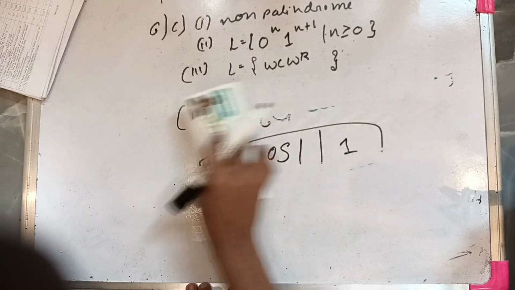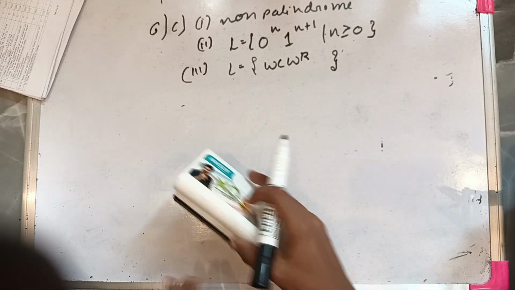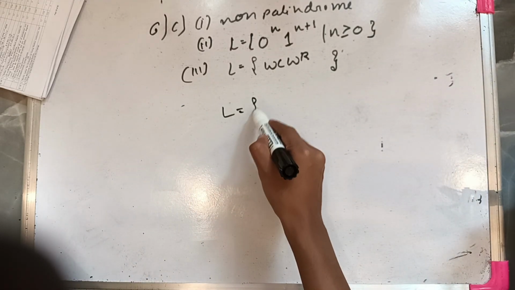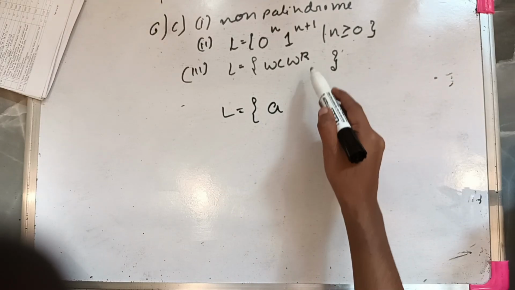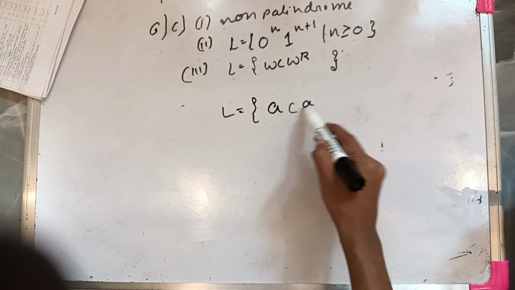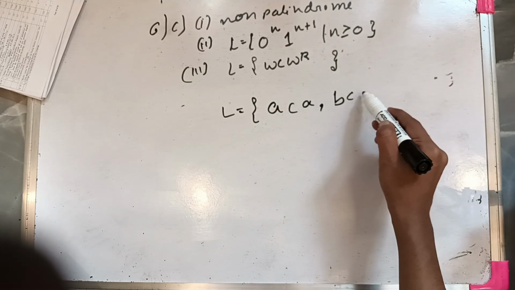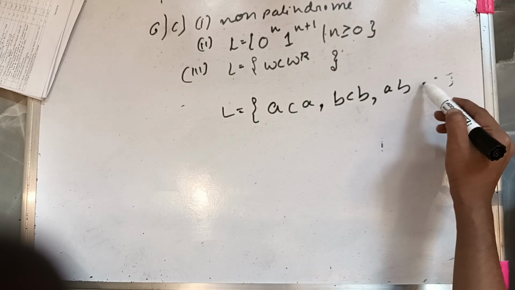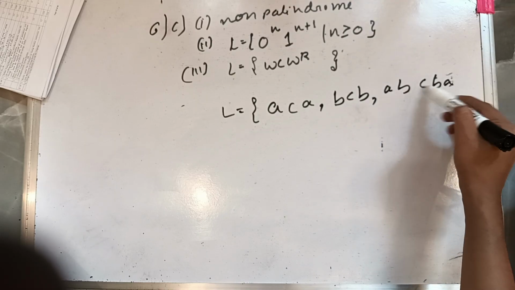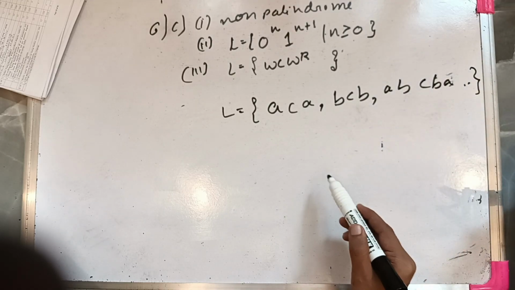And the next one is W C W reverse. That means if A is the input, then the reverse of A is A itself, with C in the middle. If B is the input, then the reverse is B, with C. Next, AB is the input, the reverse of that is BA, in the middle C, and so on.